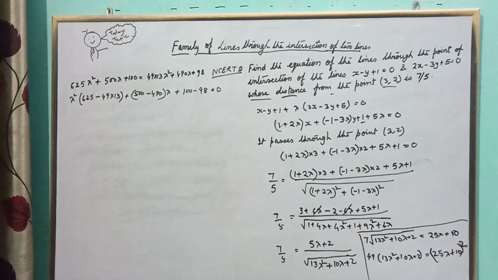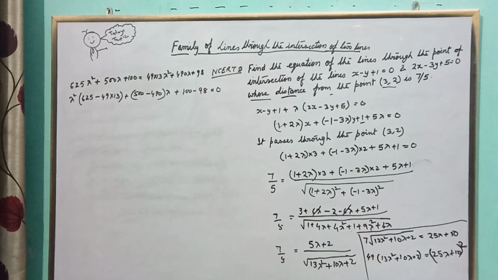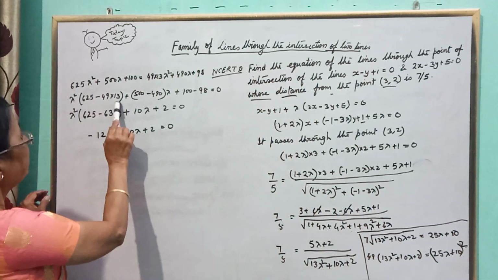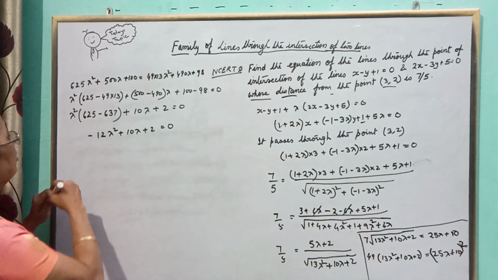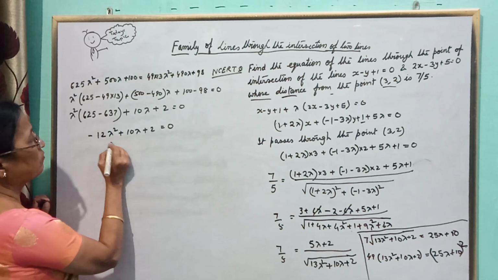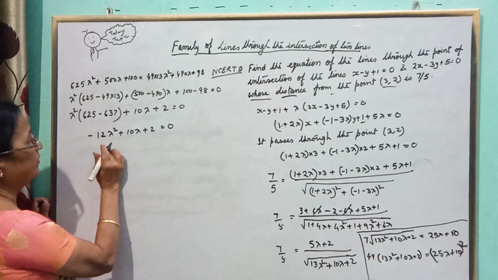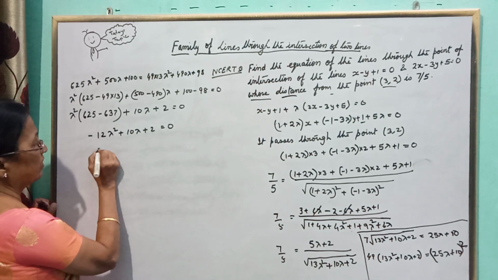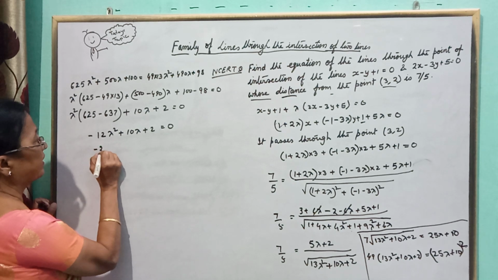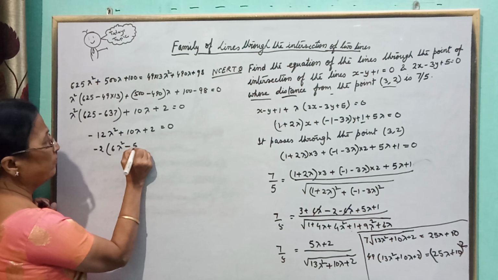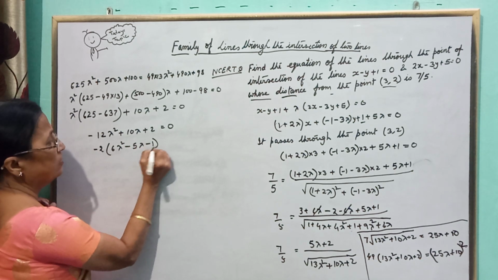Now you can solve. 49 into 13 is 637. So minus 12 lambda square plus 10 lambda plus 2 equal to 0. I can take minus 2 common, so this is 6 lambda square minus 5 lambda minus 1 is equal to 0.